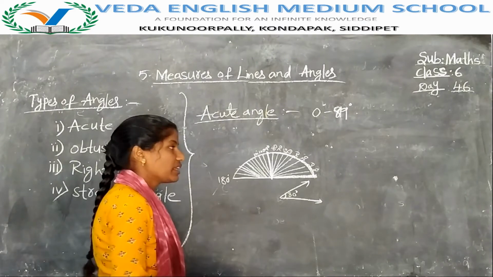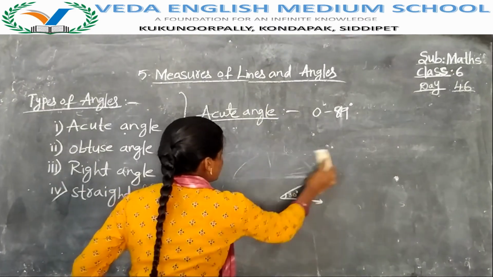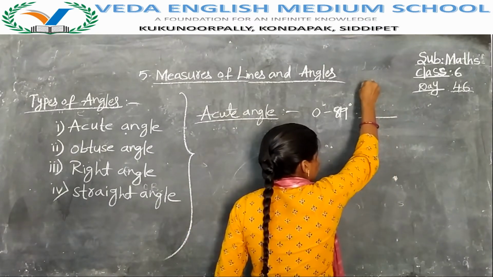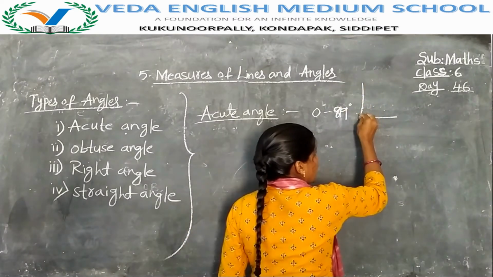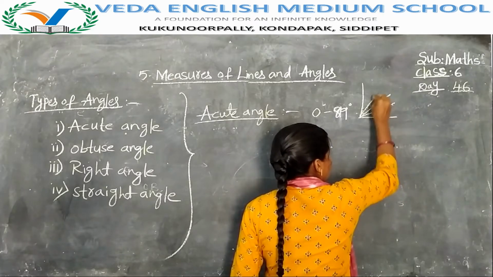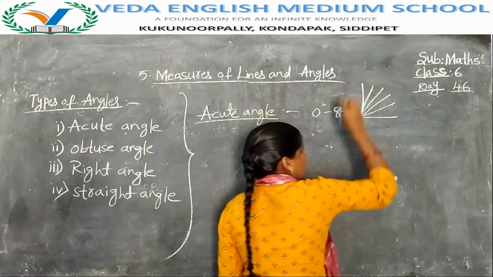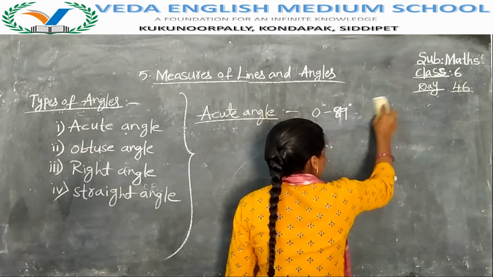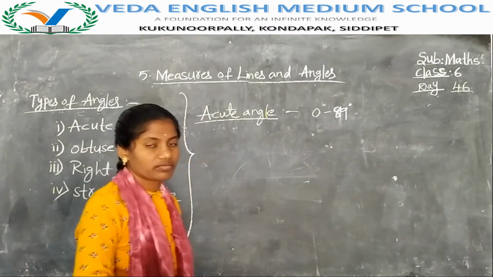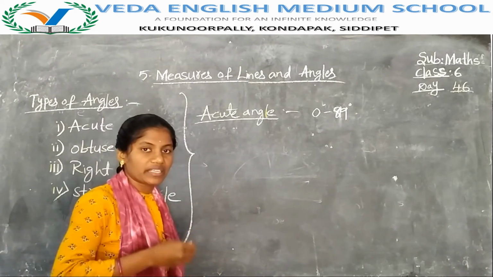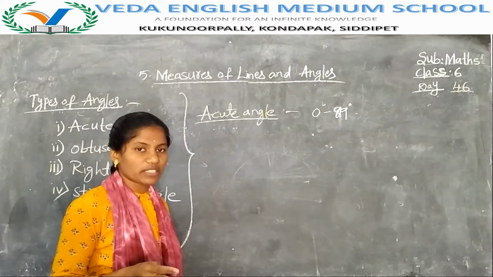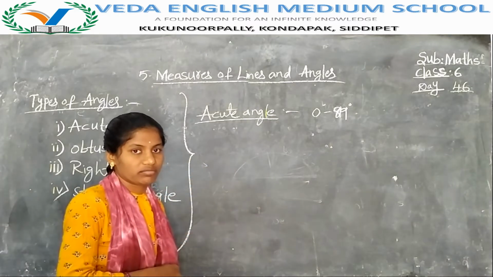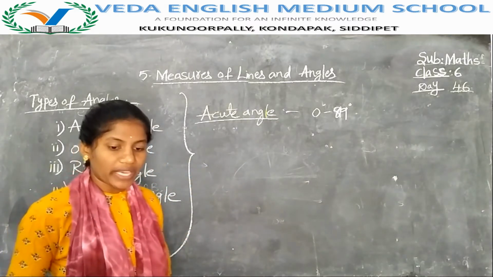You can draw like this or like this or like this, up to here. You can draw an angle which is greater than 0 and less than 90. The angles which lie between greater than 0 and less than 90 are called acute angles.